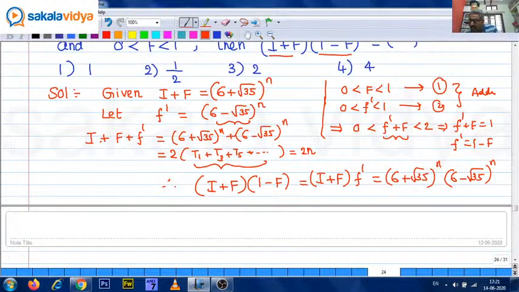You can watch my first video part 1 to get the idea. A square minus b square, you get (36 minus 35) to the power of n, that is 1 to the power of n equal to 1. So the first option is the right option.